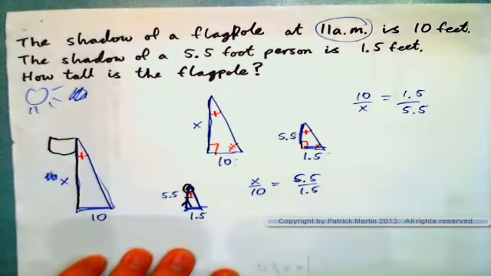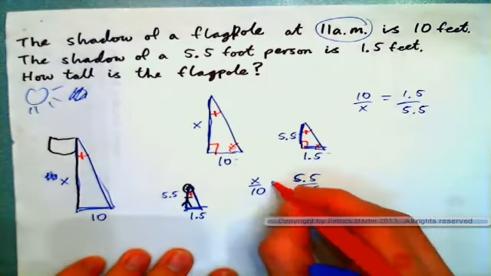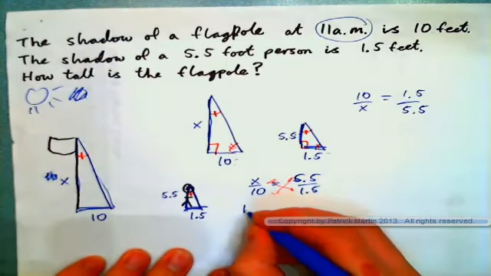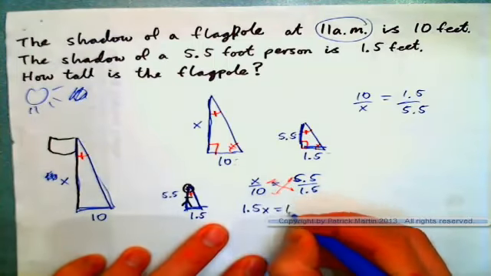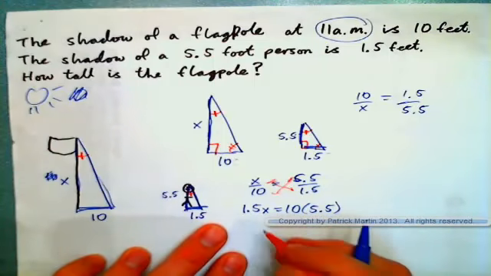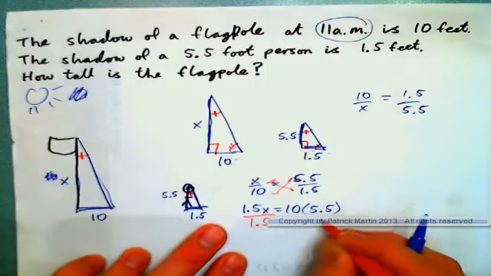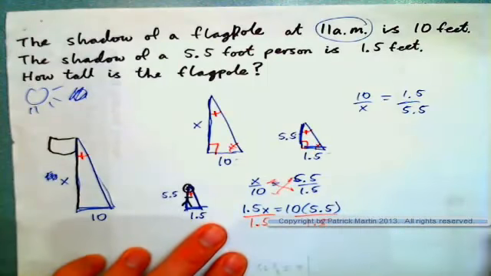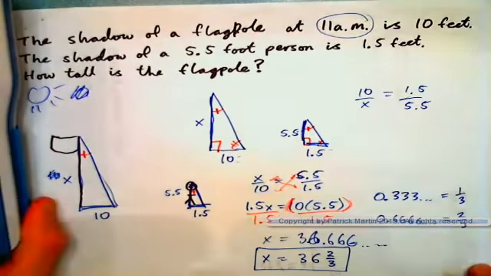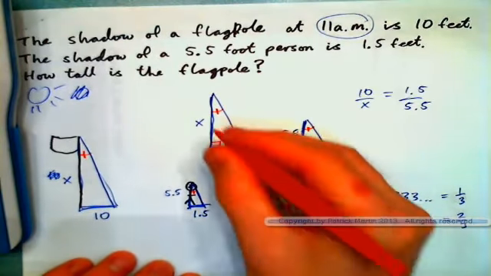Either way, you should get the right answer in the end, because when you cross multiply, you get 1.5x equals 10 times 5.5. Then just divide both sides by 1.5 and we'll get x by itself. So x equals the height of the flagpole, and it's pretty exact.